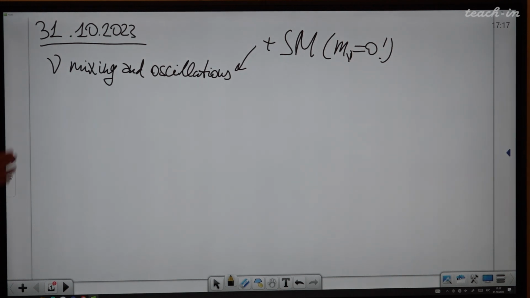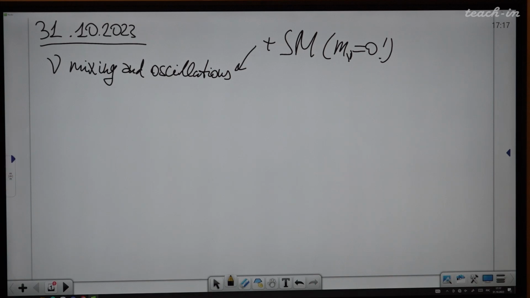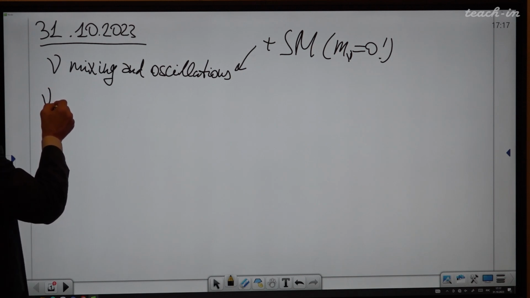Okay, what are our main proposals and guesses to realize these ideas of mixing and oscillations? We consider neutrino phenomena in what I call a dualistic way. First, we introduce the mass states of neutrinos.